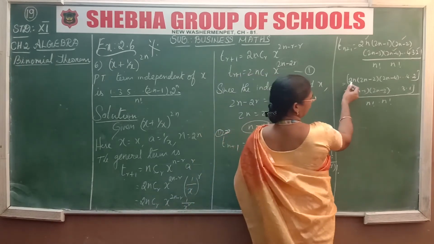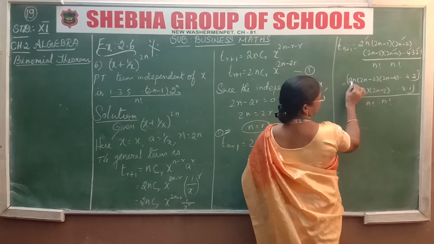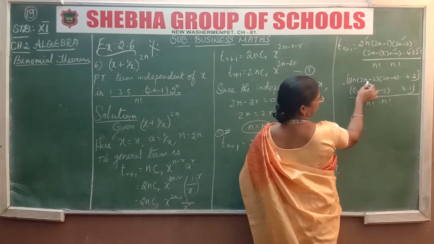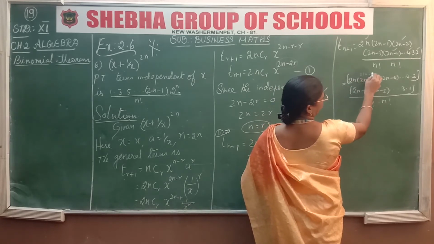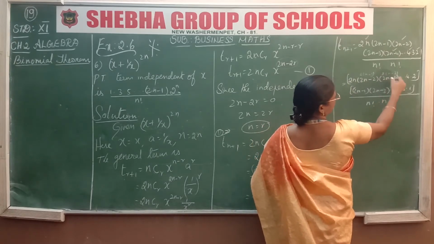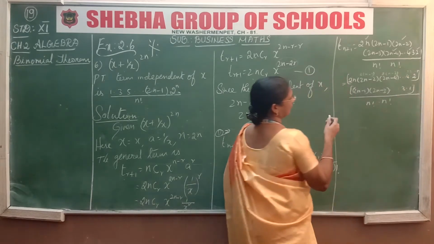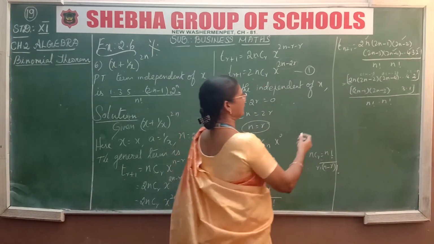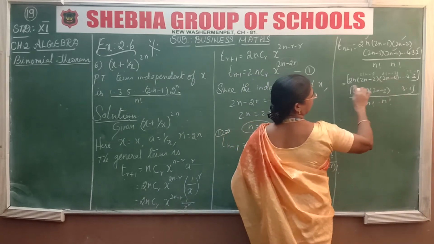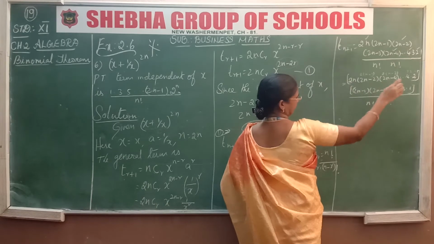Now take 2 outside from each term. First term take 2 and second term take 2 outside, we get n minus 1 here, and here take 2 outside, we get n minus 2, and here 2 into 2, here 2 into 1. So taking 2 in all the terms, we get 2 power n. There are n terms here, 2 into 1 to 2 into n. So there are n terms.